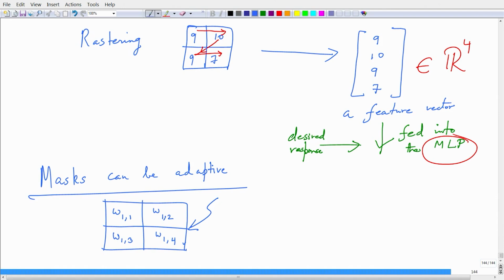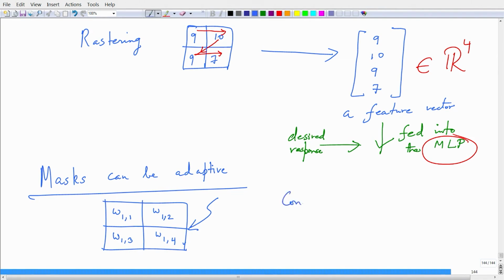Okay. And you may also question at this stage, can I bring in any regularity conditions on these adaptive masks, right. You may want to have more than one such mask to be able to have better control over the kind of features that you want to extract. You may put certain conditions on the coefficients of these weight vectors, right.